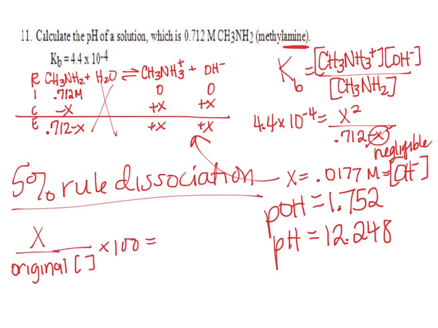So here our X was 0.0177. Our original concentration was 0.712. Times it by 100 and tell me what's our percent. 2.5%. So it is less than 5%, so we can say it's negligible. So it has to be less than 5% to be negligible.